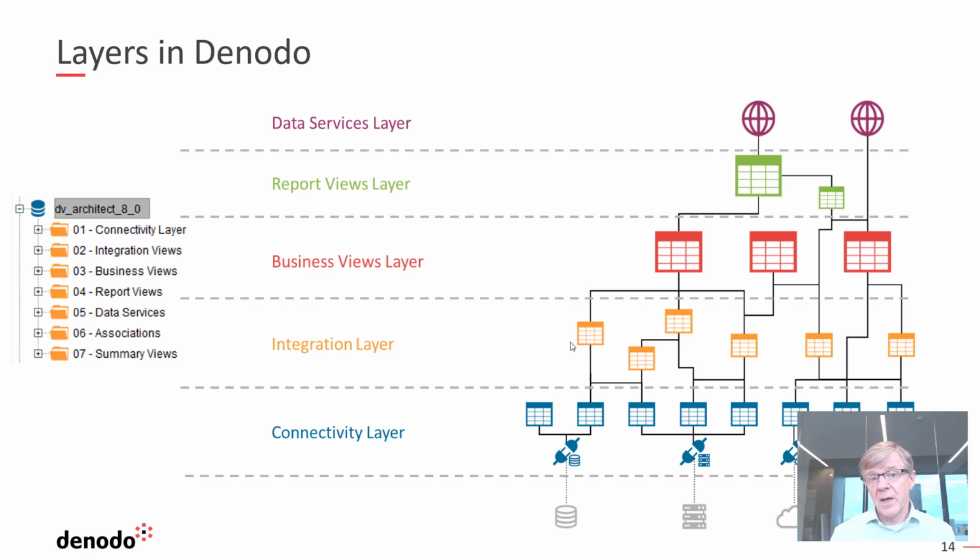You could have a single layer, but then you've got this big blob of views which are all mingled up together, and it may be confusing for somebody to understand what's doing what. So we have recommendations about layers in the model, as I say, implemented largely through folders and naming conventions. But you can pick and choose and do this however you want.